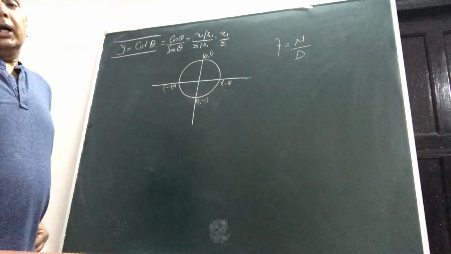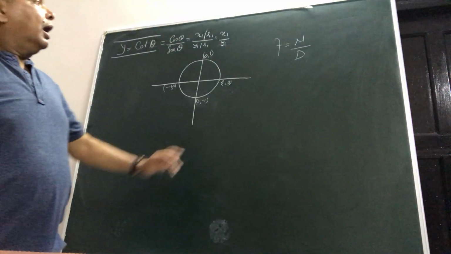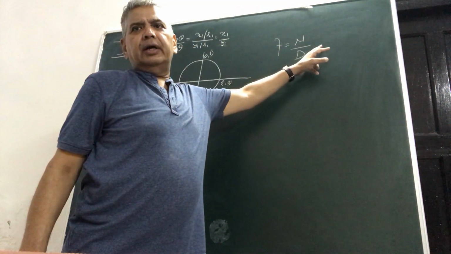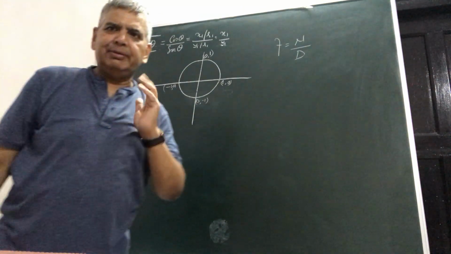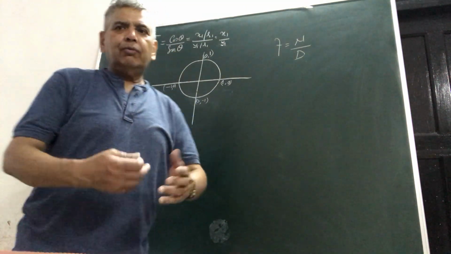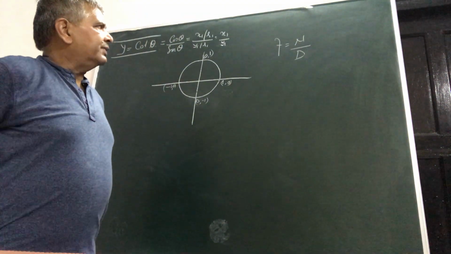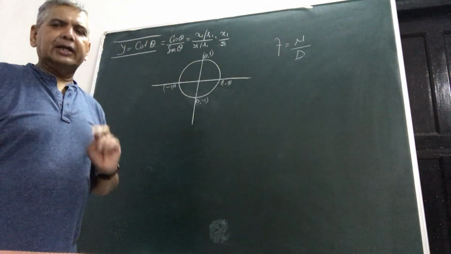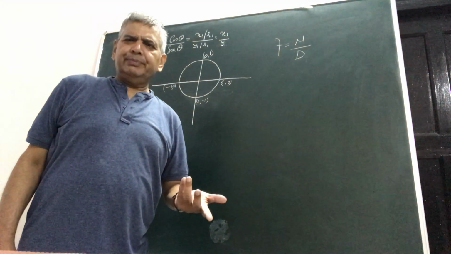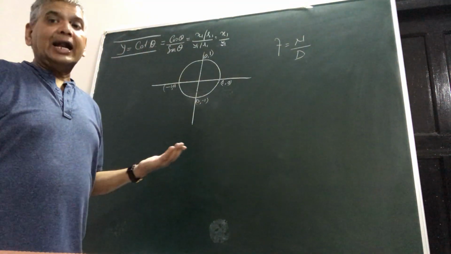Now see, if both of them are increasing simultaneously or decreasing simultaneously, can we say whether the value of the function will increase or decrease? Difficult to say at the outset.